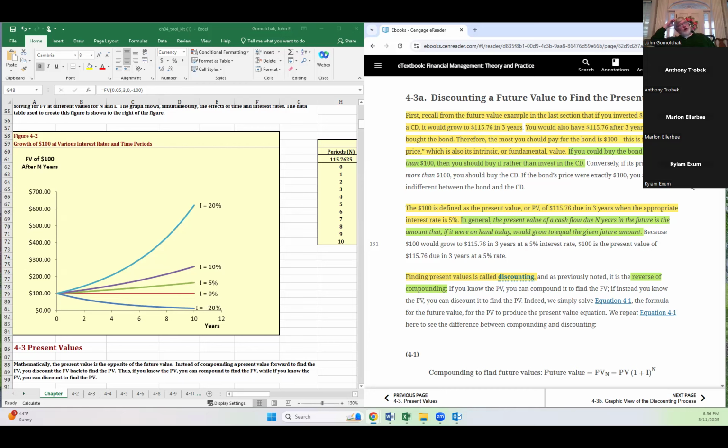So when you converted that $1,000 in the future to present value, it gave you the ability to compare it to the money that you had now.